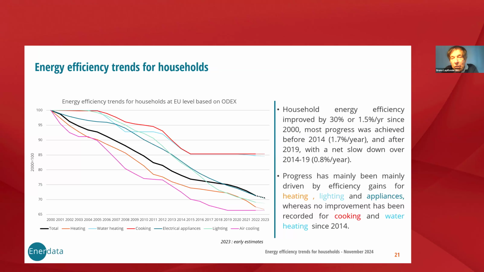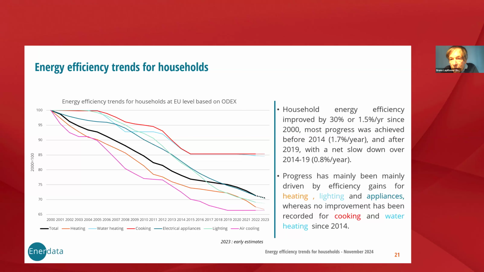Looking at real trends, you can see, and this is the black line, that household energy efficiency improved by 30% between 2000 and 2022. We have an estimate for 2023, which means an energy efficiency improvement of 1.5% per year.